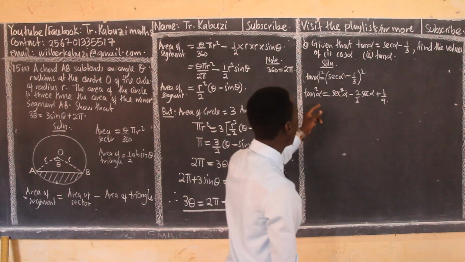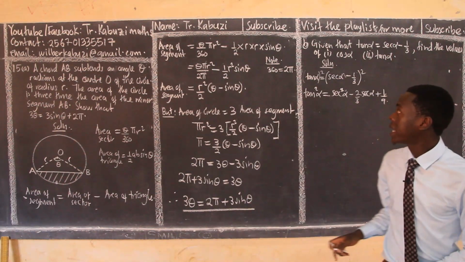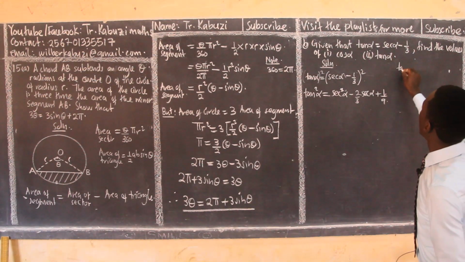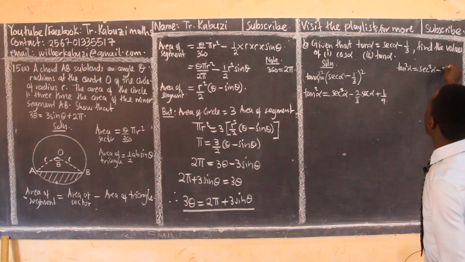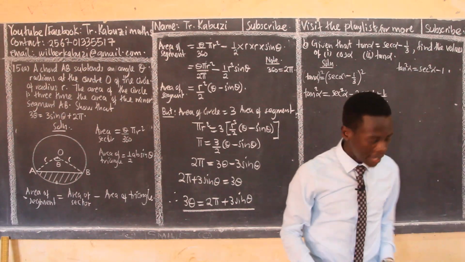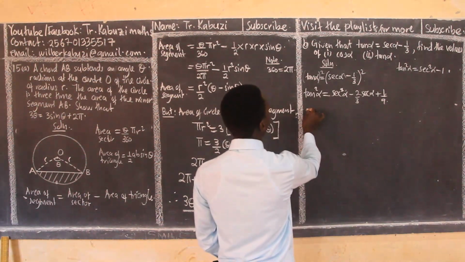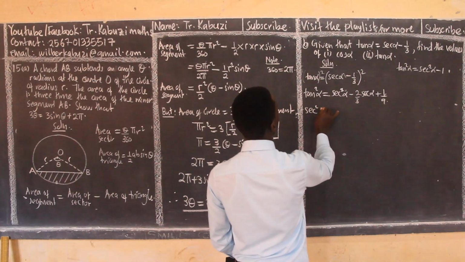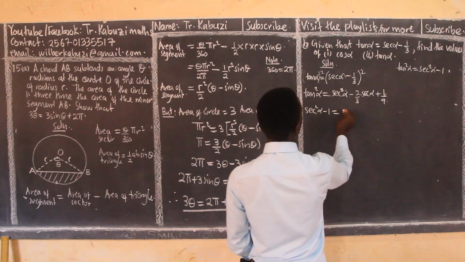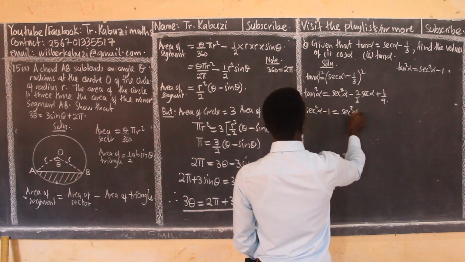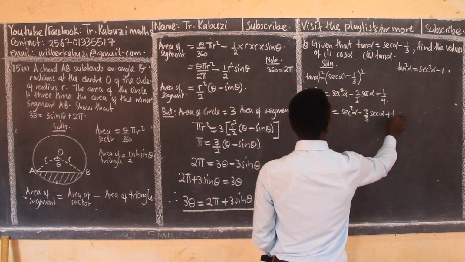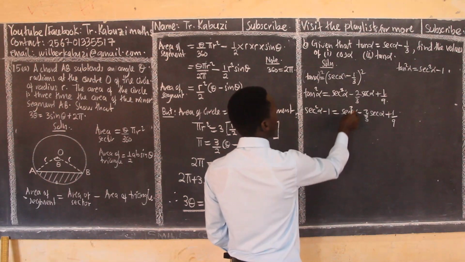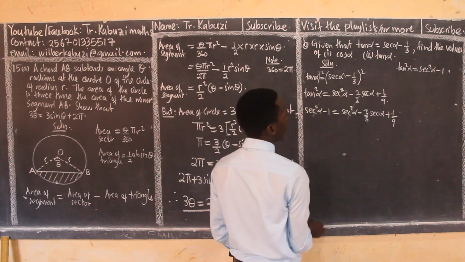Of course, we know from the second identity that tan squared alpha is equal to sec squared alpha minus 1. So substituting it there, I have sec squared alpha minus 1 equaling sec squared alpha minus 2 over 3 sec alpha plus 1 over 9. And you see the sec squared alpha is going away.